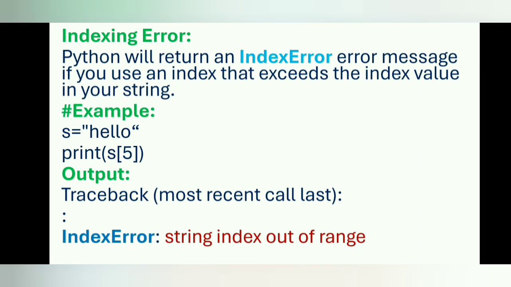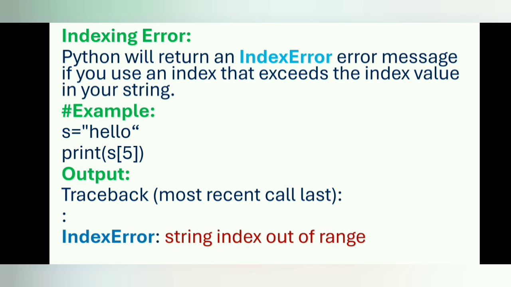Index error. Python will give you an index error message if you use an index that exceeds the index value in your string. Example: in a string, the valid indexes are 0, 1, 2, up to length -1. If we enter code something like this example, Python will return an error message like index error, string index out of range.